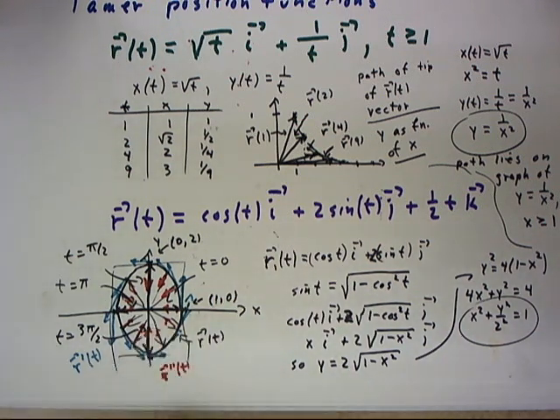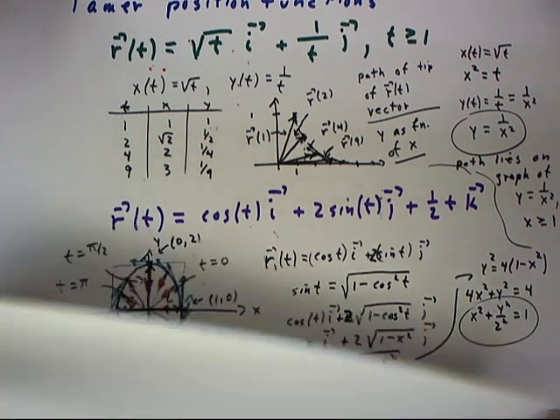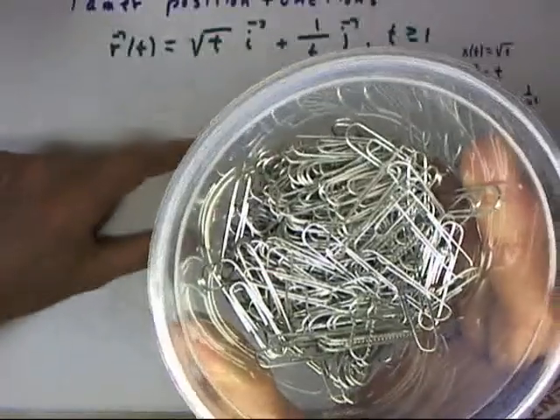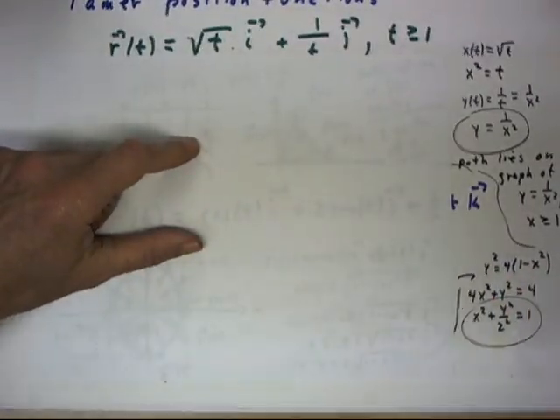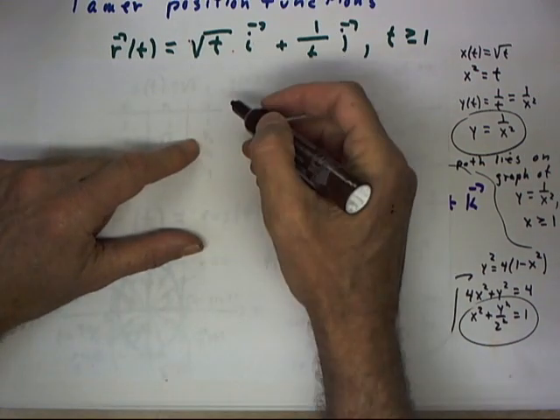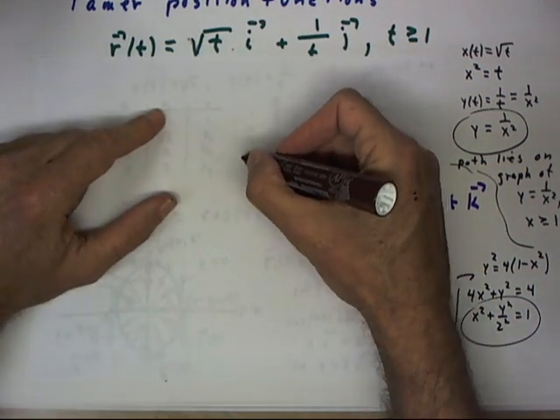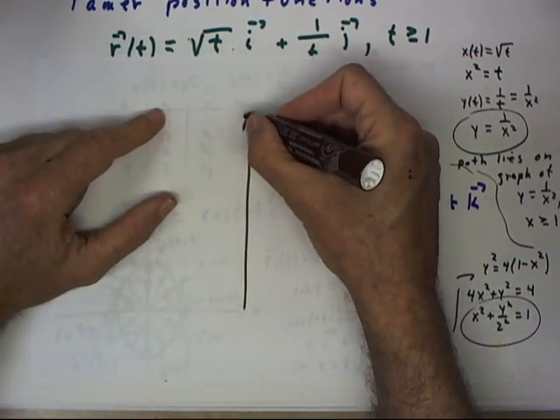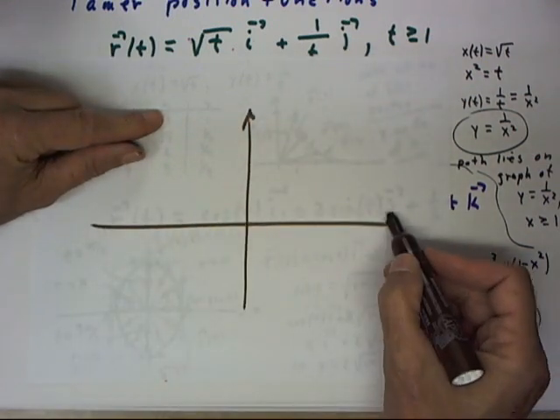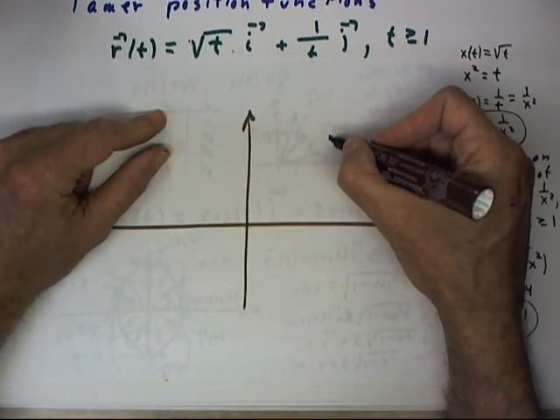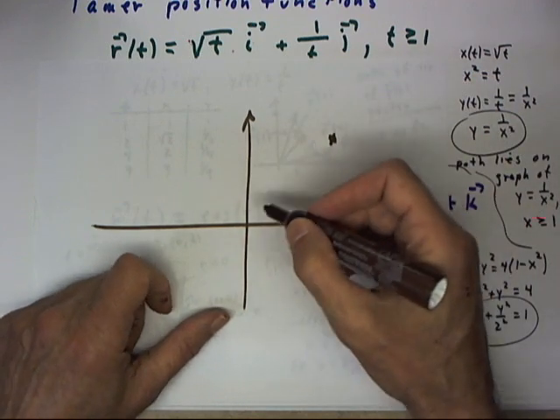What we can see from this picture is that at any instant, at any point on the ellipse, we're going to have 3 vectors.